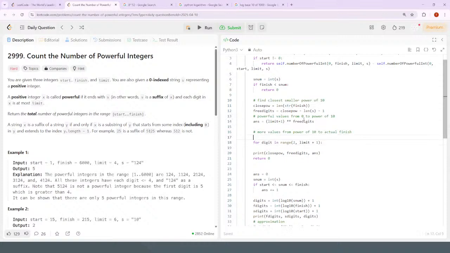So this is prefix possibilities is 1. Prefix possibility is 1. And then 1 should always work given this other code.